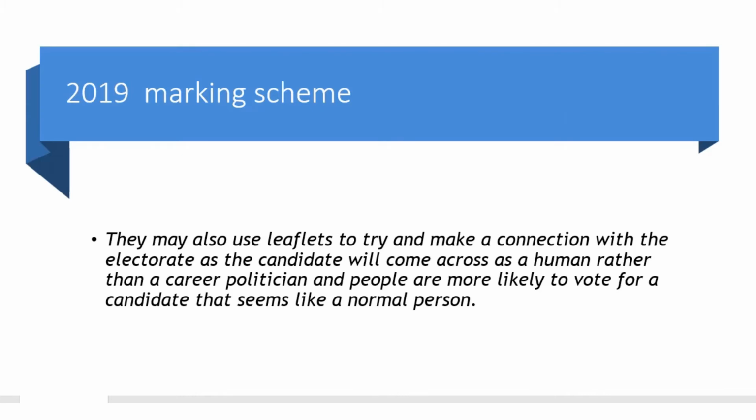They may also use leaflets to try and make a connection with the electorate, as the candidate will come across as human rather than a career politician, and people are more likely to vote for a candidate that seems like a normal person. So this is a point explaining the use of leaflets, and that would get you 1 mark for your description of a point.